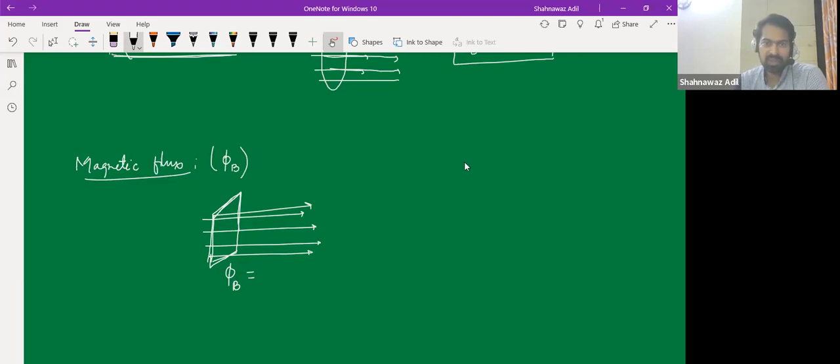So I have not given you the values, so what is the definition? Definition is the number of magnetic field lines passing normally to the surface.